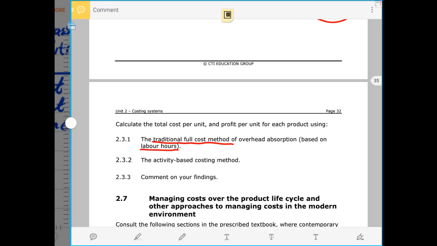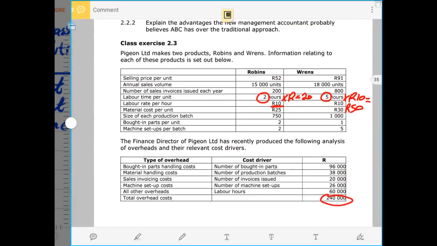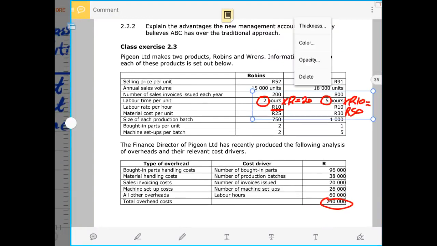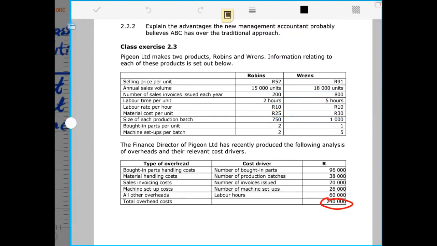So now we need to calculate our labor hours. We know that it takes 2 hours to complete 1 unit of Robin, and it is estimated that the annual sales volume will be 15,000 units.